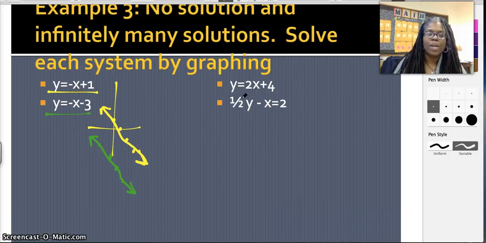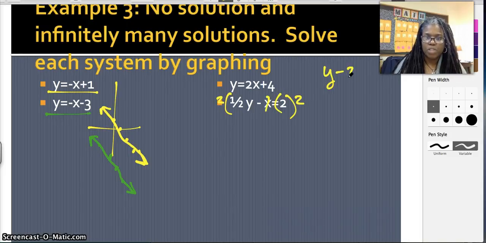Over here, we have y is equal to 2x plus 4, and 1/2 y minus x is equal to 2. If I were to manipulate this equation a little bit to make it easier to graph, I would multiply both sides by 2.